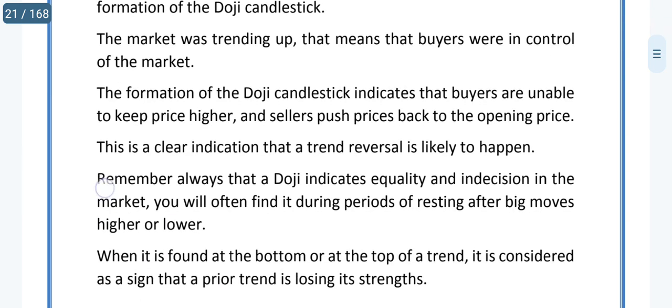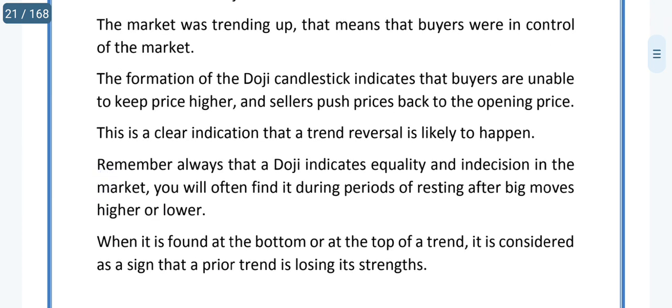The formation of the doji candlestick indicates that the buyers are unable to keep the price higher, and the sellers are now pushing the price back to the opening price. This is a clear indication that a trend reversal is likely to happen.